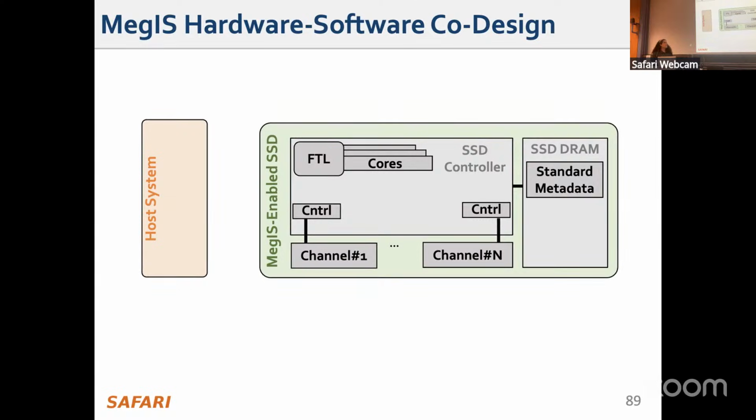Just to remind you again, we don't need to incur IO data movement overhead if we do stuff inside the storage, but then we have very limited DRAM capacity and bandwidth, and we have this slow NAND flash chips inside the SSD, and we don't want to do too many writes to it because of lifetime constraints. So it would be good if we can make both of them work together, but what would be the challenges of them working together?